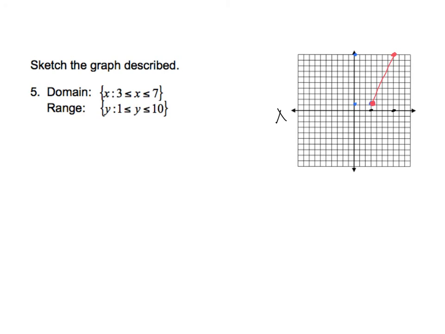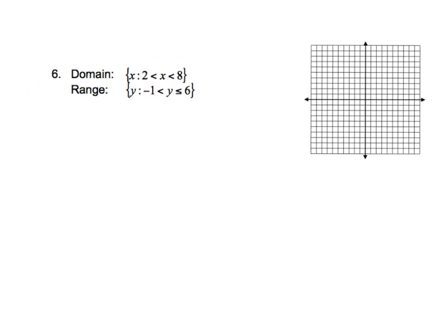All right. Domain here is from 2 to 8. Notice those are just less than symbols, so I know those are open circles. So x is our domain. So 2 to 8: 2, 3, 4, 5, 6, 7, 8.